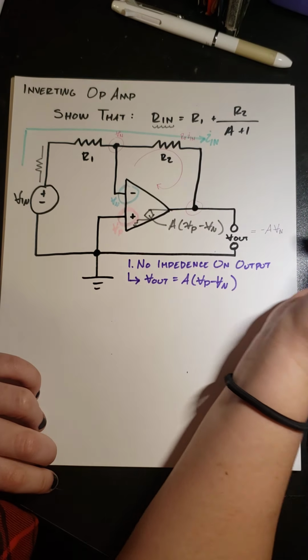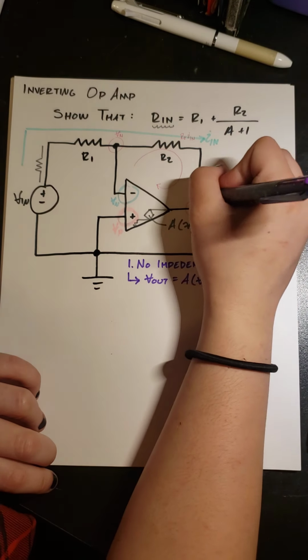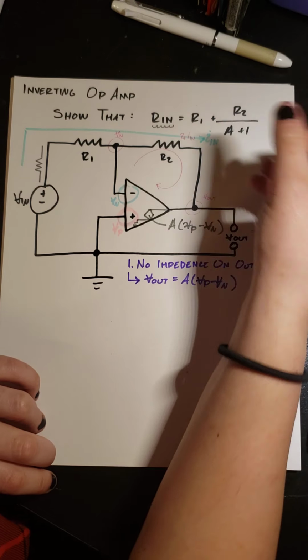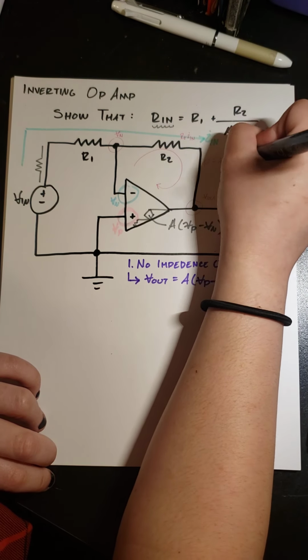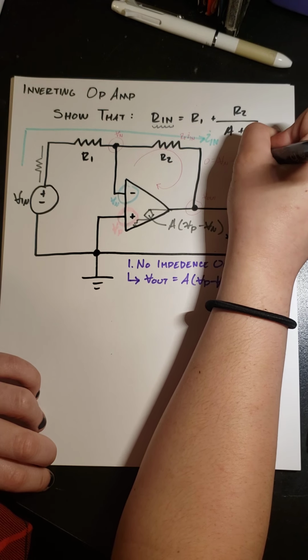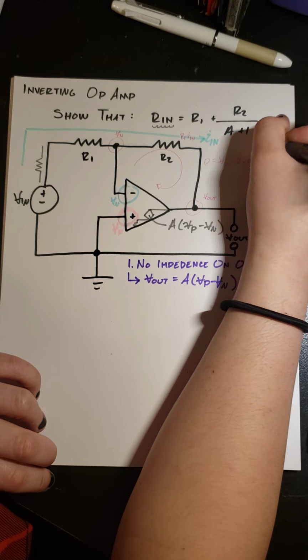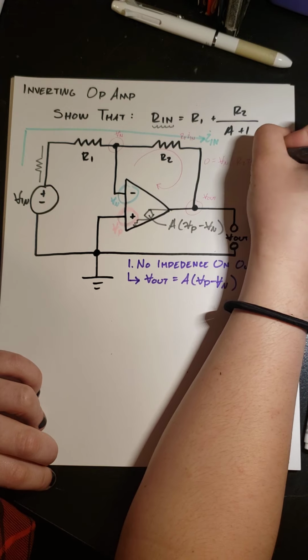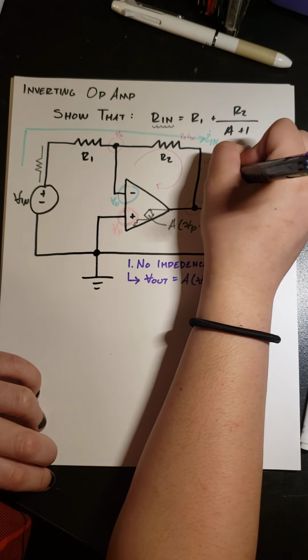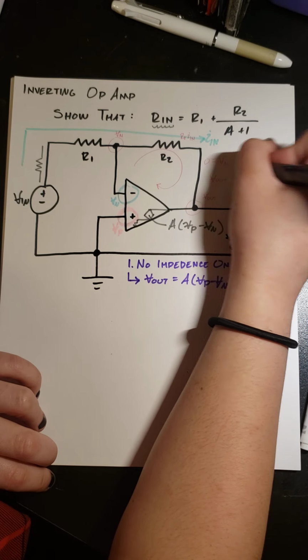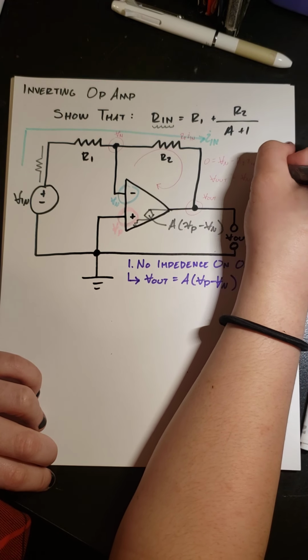And then the voltage here is V out. So 0 equals Vn minus R2In minus V out. So V out, if we solve for it, equals Vn minus R2In.